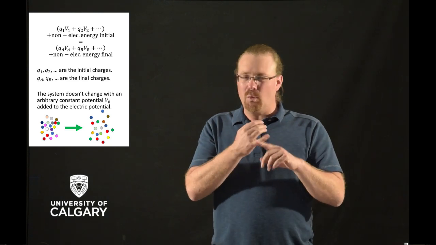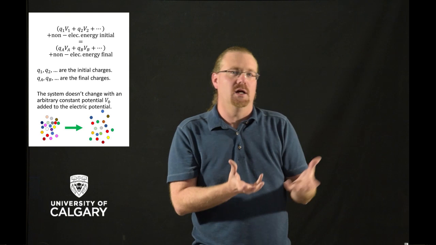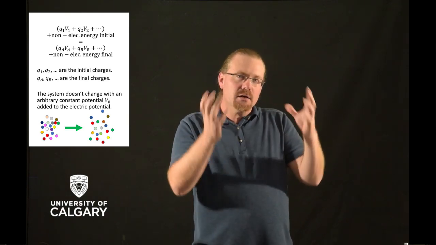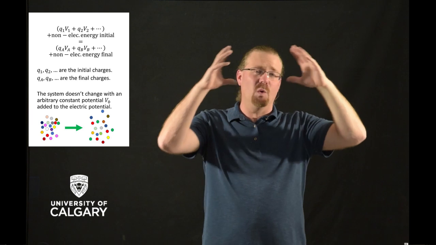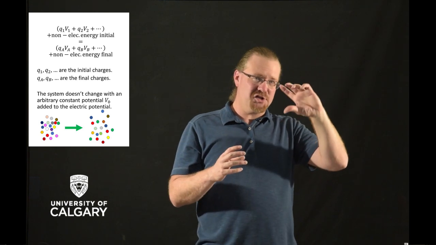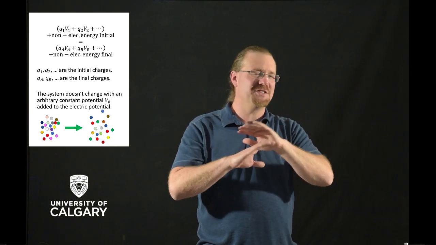So, one way to think about it is we've got our electric potential here, but we've got a set electric potential at infinity, and we're going to change what our electric potential at infinity is defined to be. Another way to think about it is you put the whole thing inside of a Faraday cage, and you just up the voltage for the Faraday cage. The physics is exactly the same, whichever way you want to think about it.